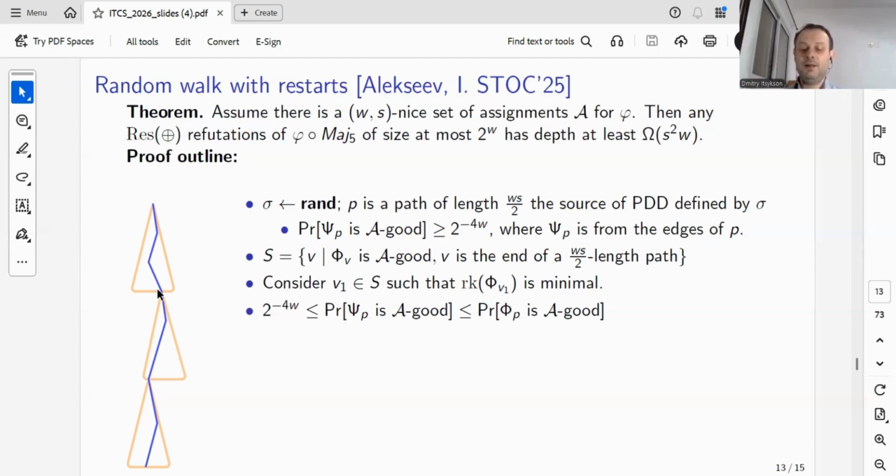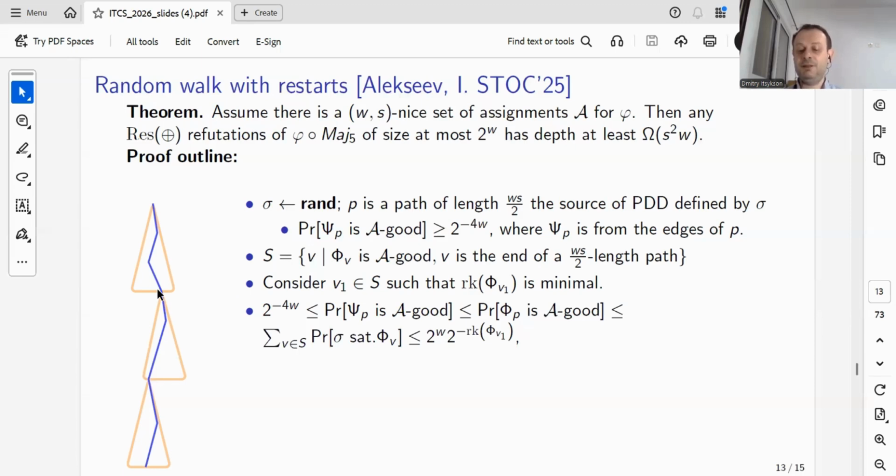Furthermore, this is at most the sum over all V in S of probabilities that sigma satisfies phi V. Since sigma satisfies all linear systems along the path by construction, the probability that a random assignment satisfies a given linear system is at most 2 to the minus rank of the system.